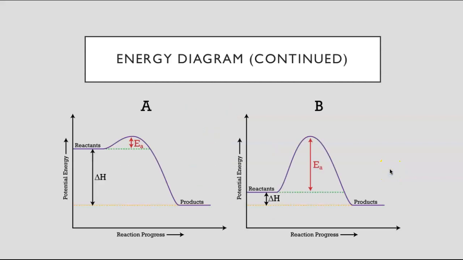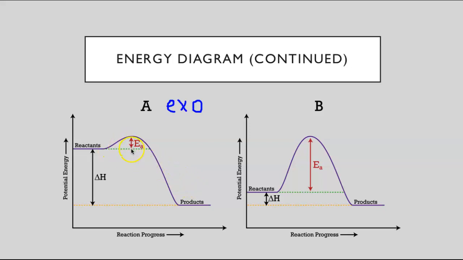Now, activation energy exists whether or not a reaction is exo or endothermic. If you look at these two reactions, reaction A is exothermic, and I'm just going to write exo. How do I know reaction A is exothermic? Because the products have less energy than the reactants. So the reaction is giving off energy, generally as heat.